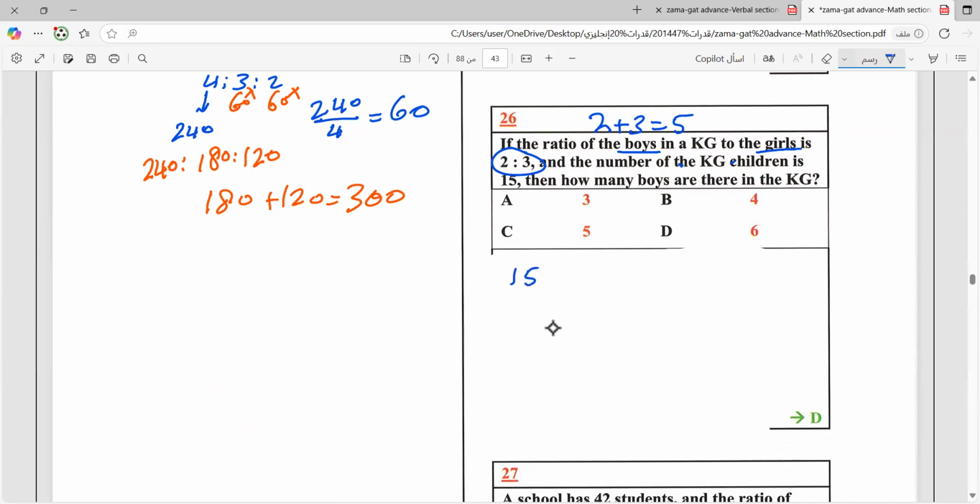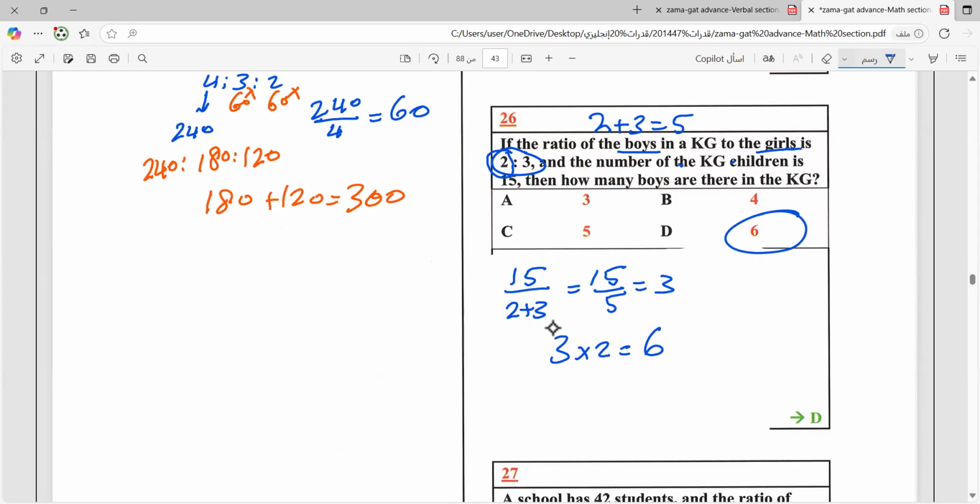You divide 15 by the sum of the ratio, 2 plus 3. So 15 divided by 5 is 3. So one ratio is 3. Now how many bars are the boys? We have 2. So 3 times 2 equals 6. So we have 6 boys.